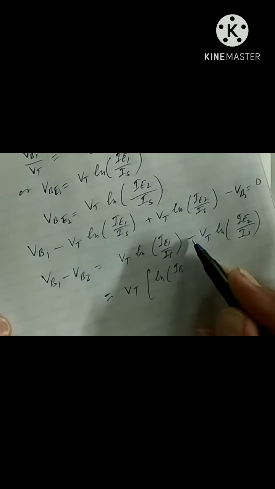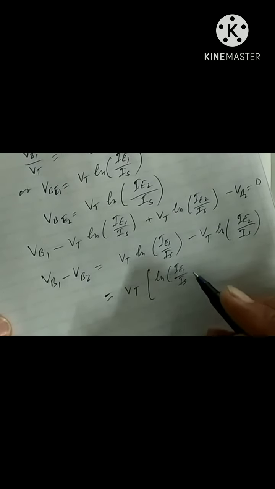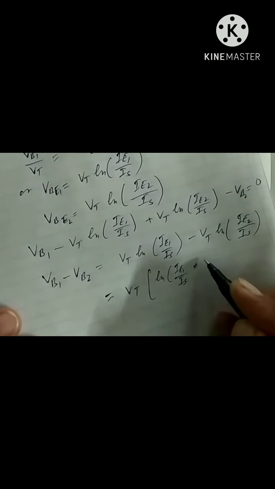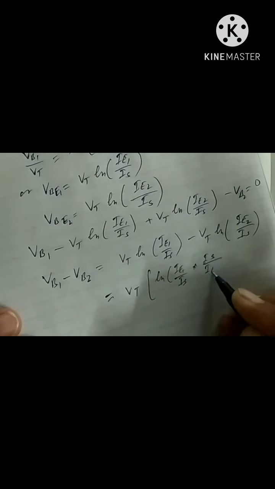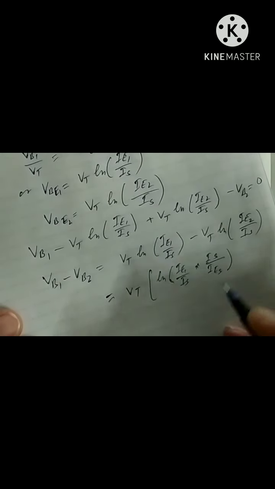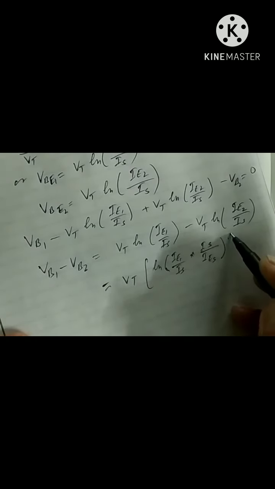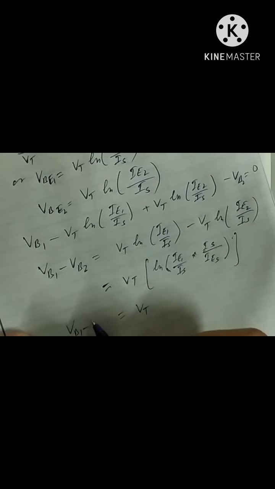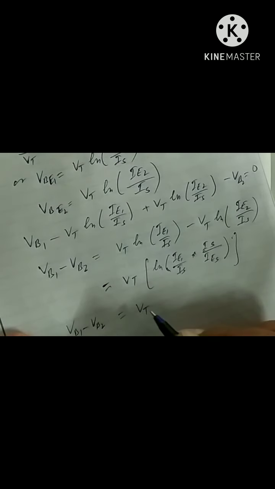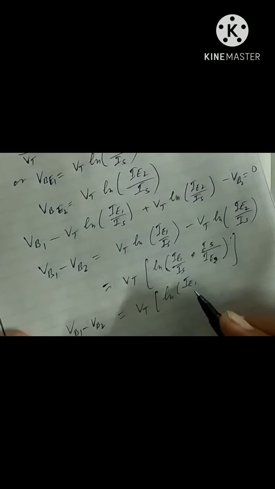Because this is negative and we have log, this minus will convert into division, so we just change the reverse. So we can write VB1 minus VB2 is equal to VT into ln IE1 by IE2.